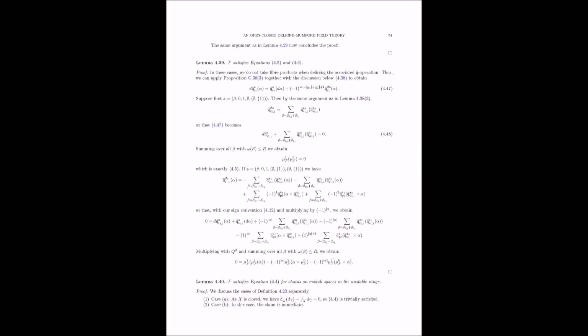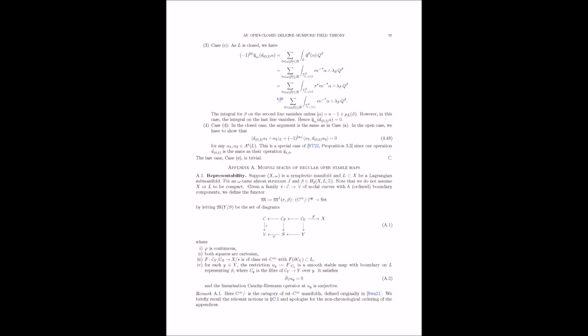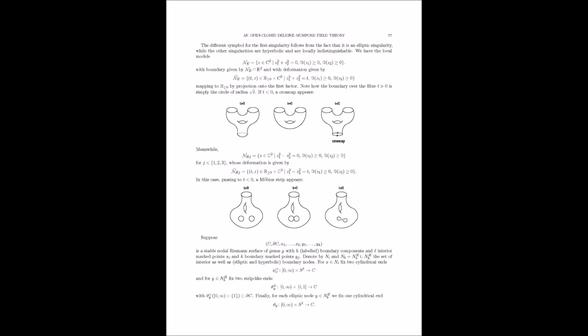And the key concepts they use are relative spin structures and background classes. Okay. So roughly speaking, a relative spin structure gives you a way to assign orientations to loops in the tangent bundle of your moduli spaces. Okay. And a background class is basically a cohomology class that helps you determine whether or not you can even define such a relative spin structure.